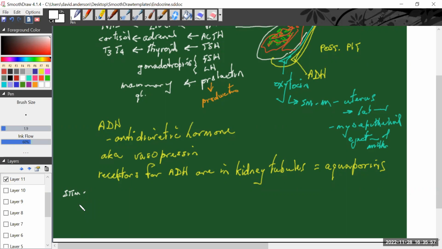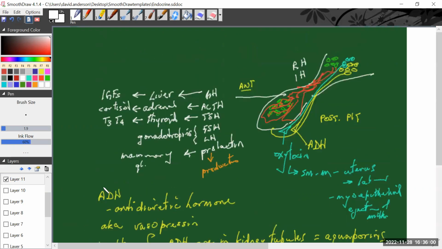And again, the hypothalamus makes sense, because remember these are produced up here in the hypothalamus. So ADH is produced in the hypothalamus and stored in the posterior pituitary gland. There are what we call osmoreceptors in the hypothalamus. They measure the concentration of the blood.